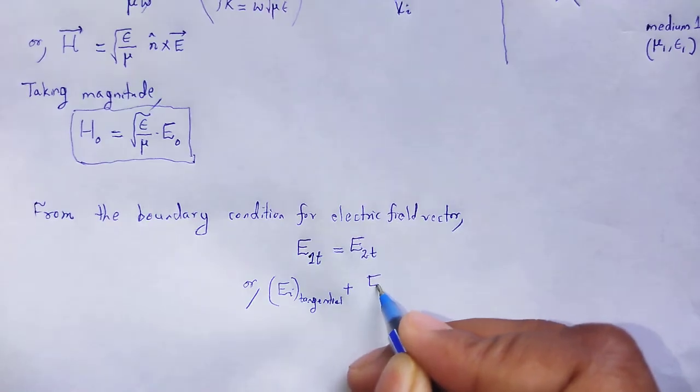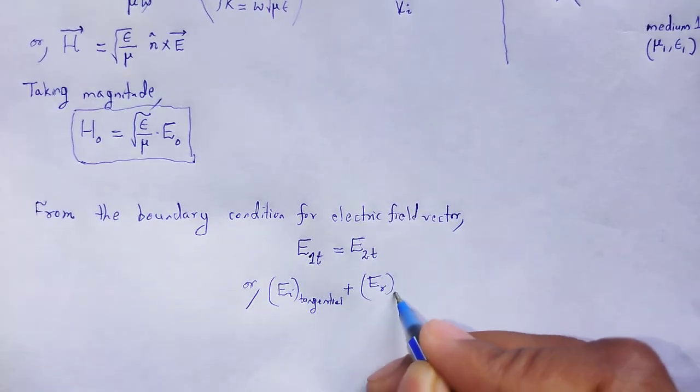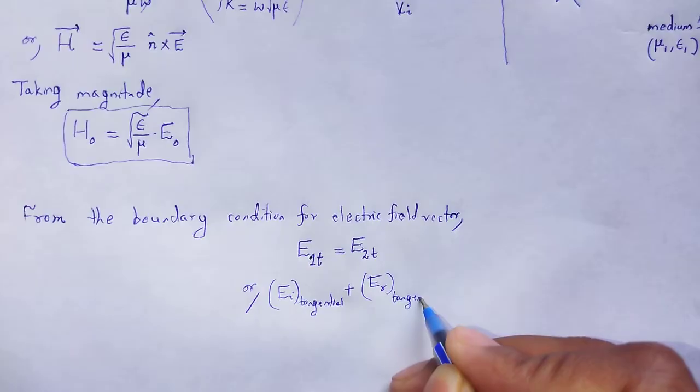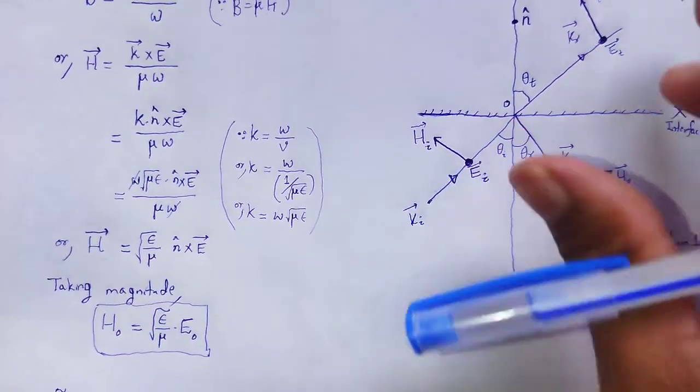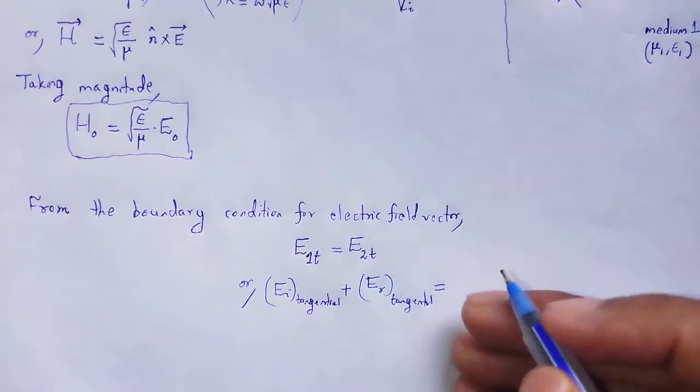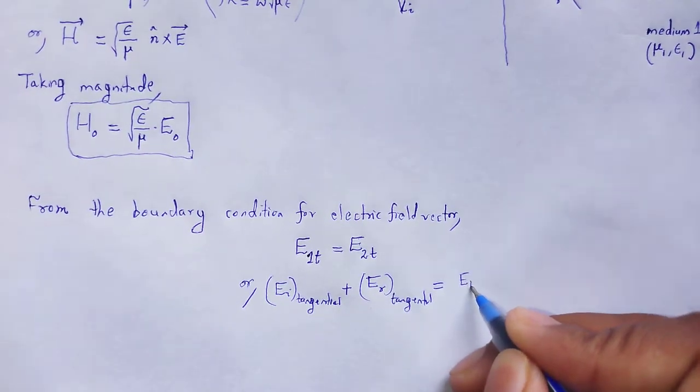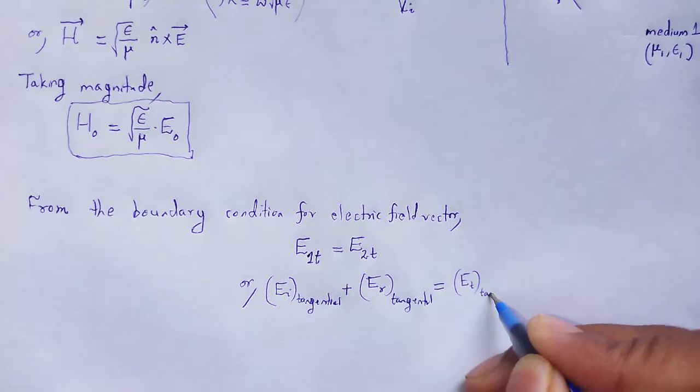plus the reflected wave tangential component. At medium 2, only the transmitted wave, tangential.